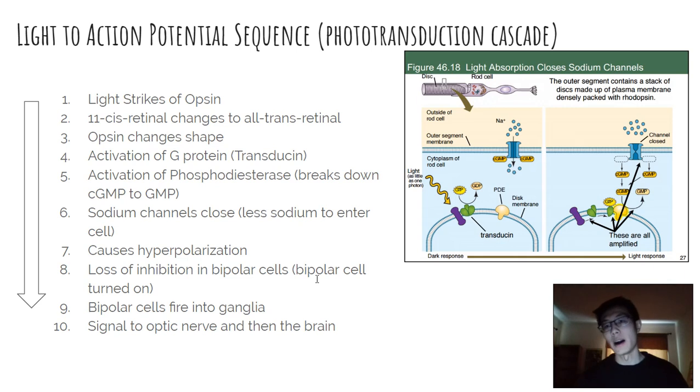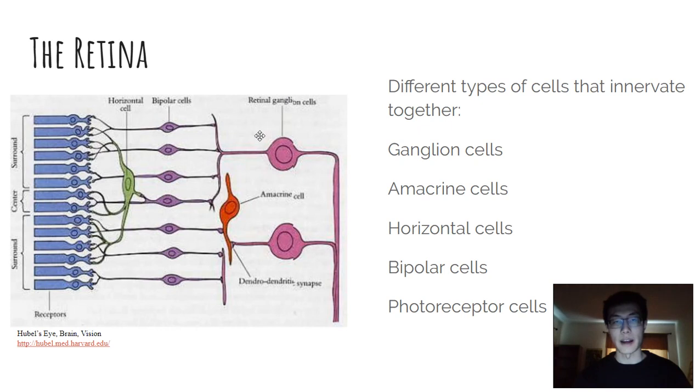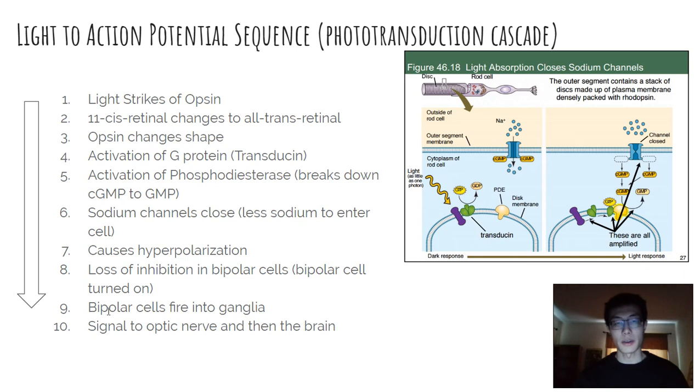So now we turn on the bipolar cell with that light striking. After the bipolar cell is turned on, it fires action potentials into the ganglion cells. Again, the ganglia eventually collect into the optic nerve, and then they transfer that information, that action potential, all the way to the brain. And that's how we basically perceive, oh, we're seeing light.